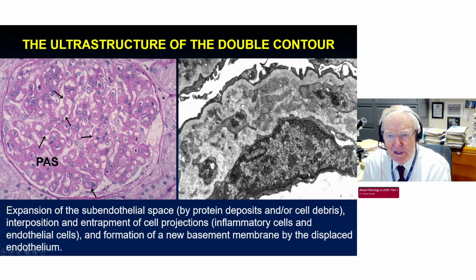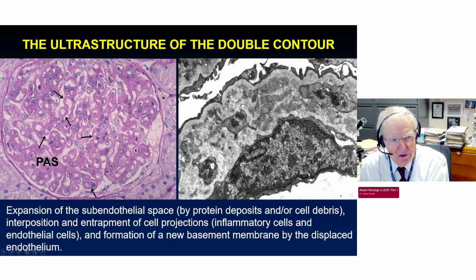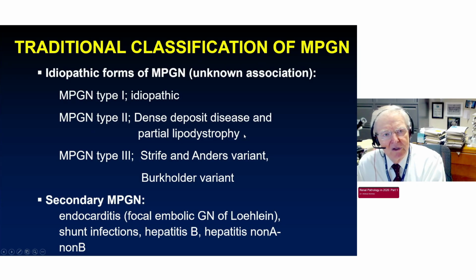It is displaced by the accumulation of this material in the subendothelial space, the cells and the cell projections and the electron-dense deposits. The endothelium is displaced and it generates, like all cells do, except for the circulating cells, a new basement membrane that you have right here. So you have the new basement membrane and the old basement membrane up here, in between an empty space on silver stain or on PAS, and this space, of course, is occupied by the immune deposits and by cells.